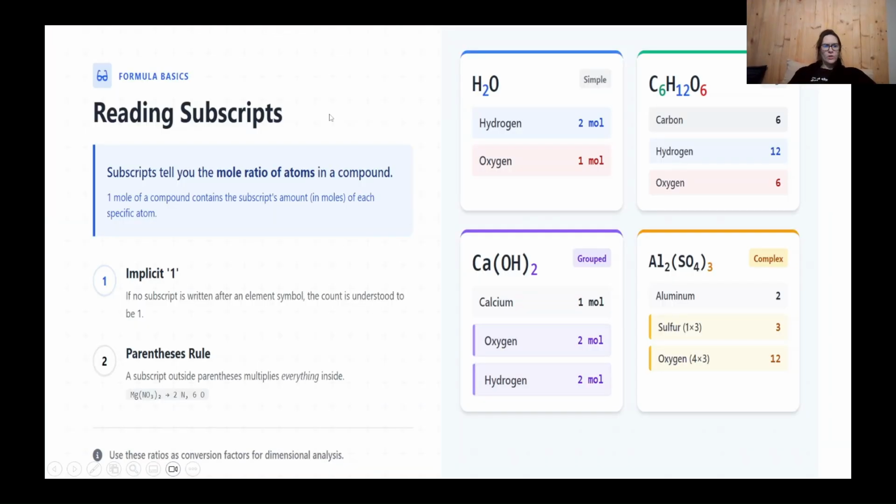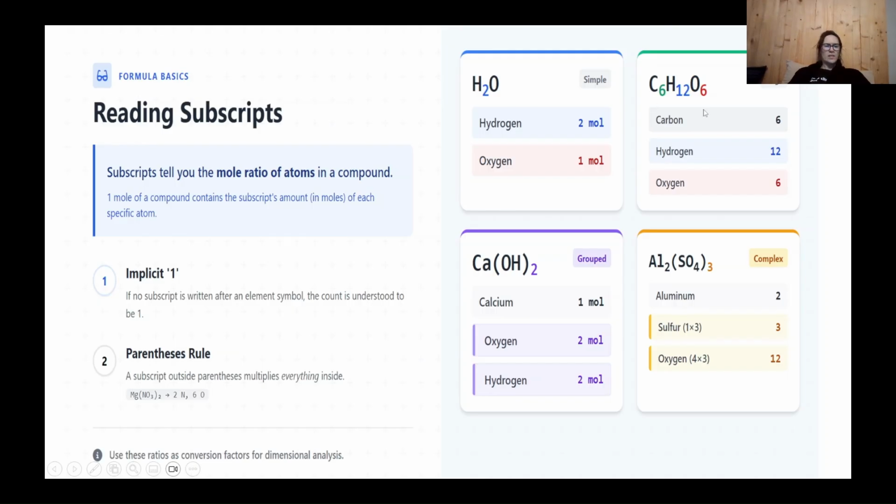When you're looking at a subscript, for 1 molecule of water, we have 2 hydrogen atoms covalently bonded to 1 oxygen atom. But you can expand that, since we don't usually deal with things on a just 1 molecule level, to moles. So if you think about 1 mole of water, again, there would be 2 moles of hydrogen for 1 mole of oxygen. So the subscripts in this case could represent moles.